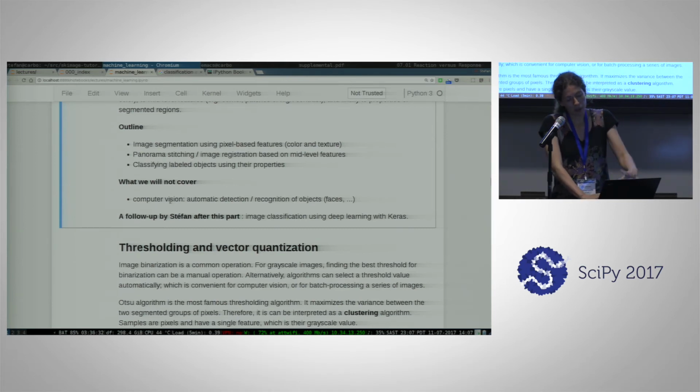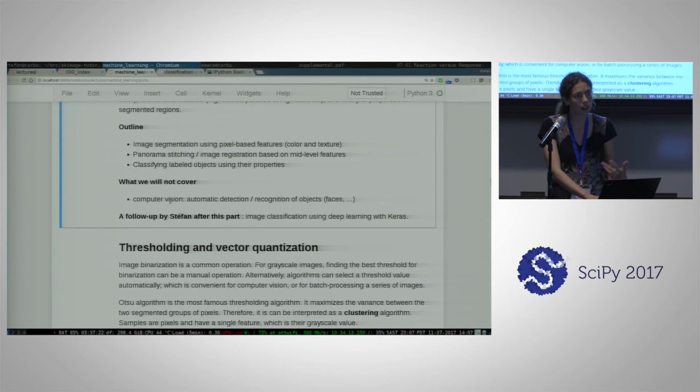And also what I will not cover, but what will be covered by Stefan after this part, is deep learning, because deep learning is nowadays a very important part of machine learning. It's very powerful, and it can solve a very large variety of problems.